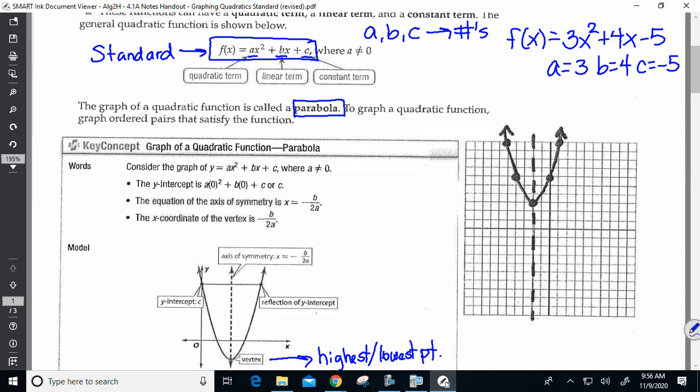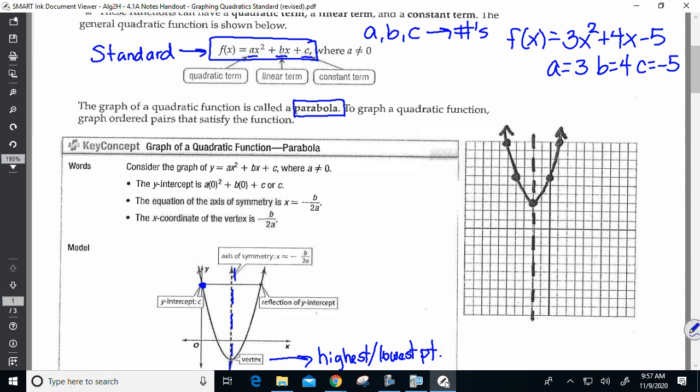The vertex has an imaginary vertical line going through it that is called the axis of symmetry. The y-intercept, of course, is where it crosses the y-axis. Those are three of the first things that you can get from a parabola.